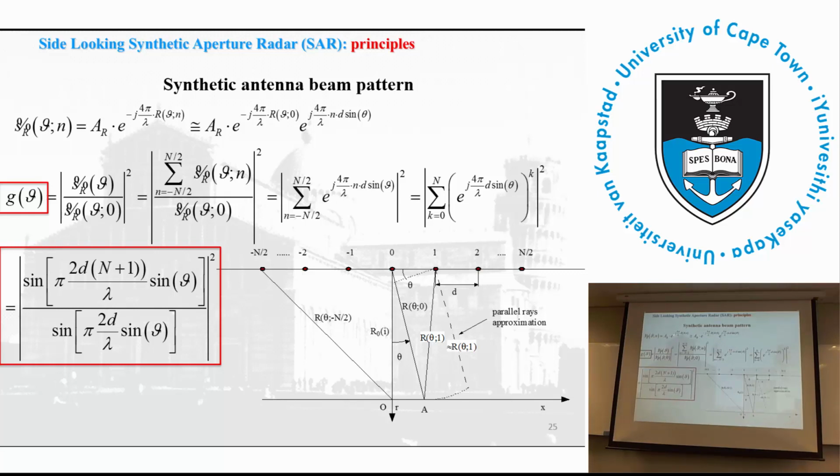So what I'm calculating here is this phase term, which is the exact value for each of these ranges, for every n value. And then I go in and approximate this.